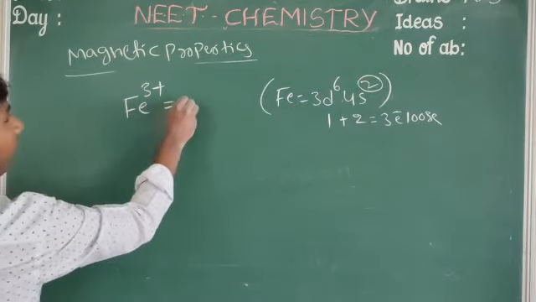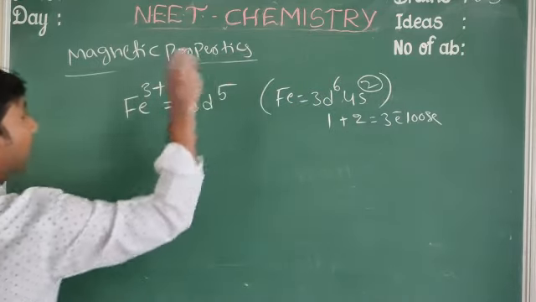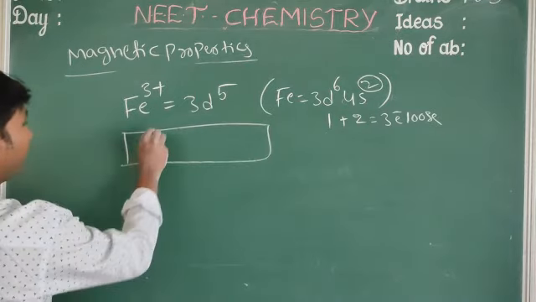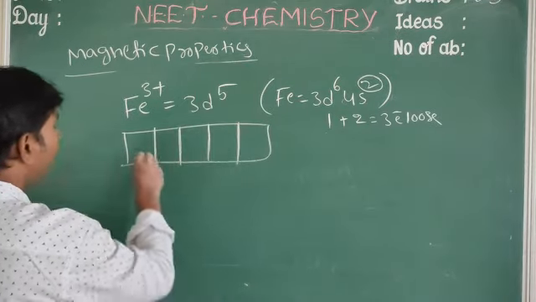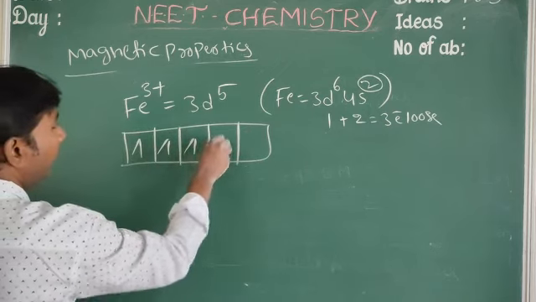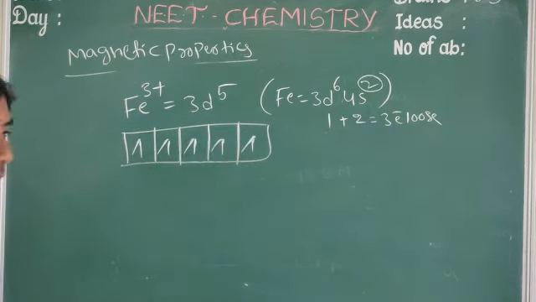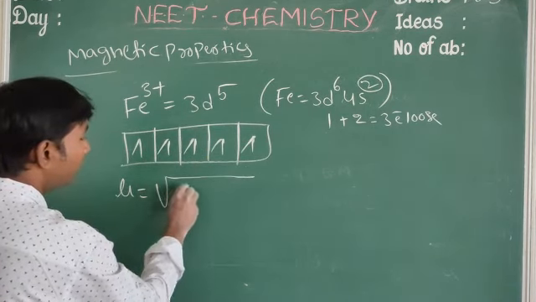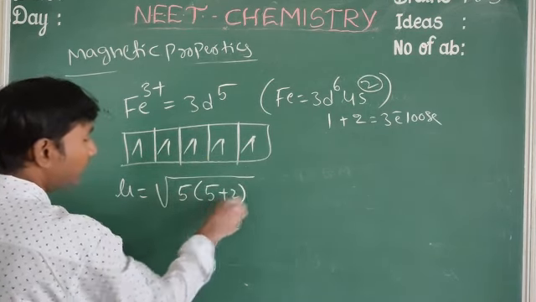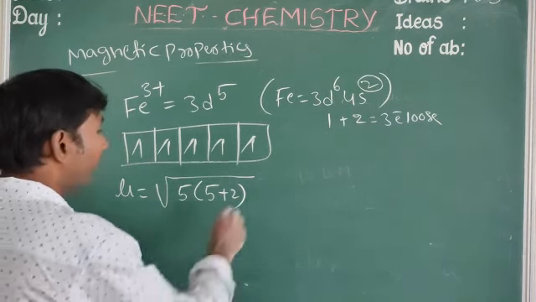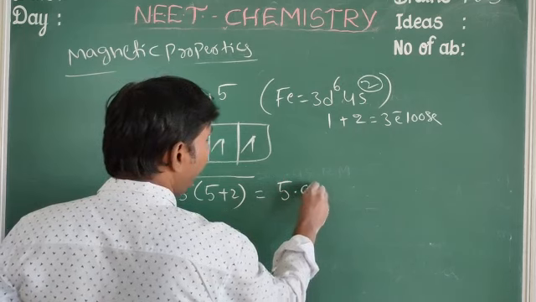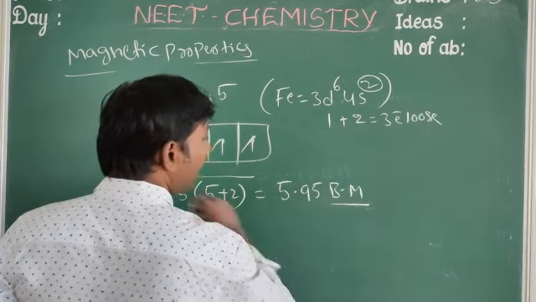That's why Fe3+ equals 3d5, that means 5 unpaired electrons. Now μ equals under root of 5 into 5 plus 2, root 35, which is almost 5.95 Bohr magneton.